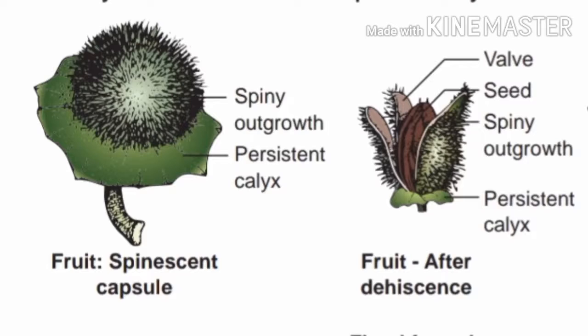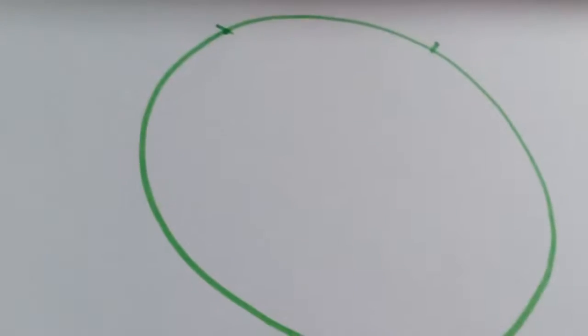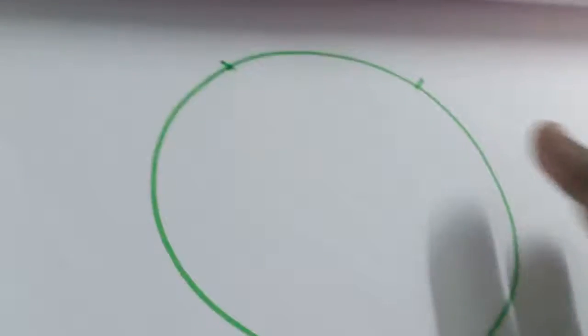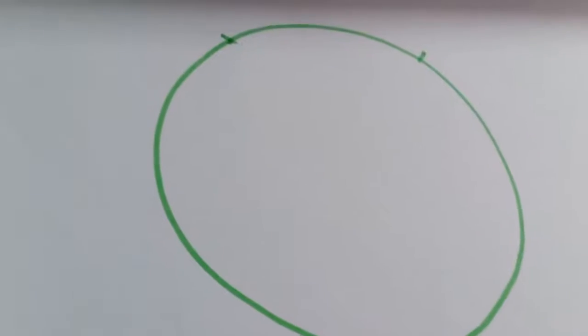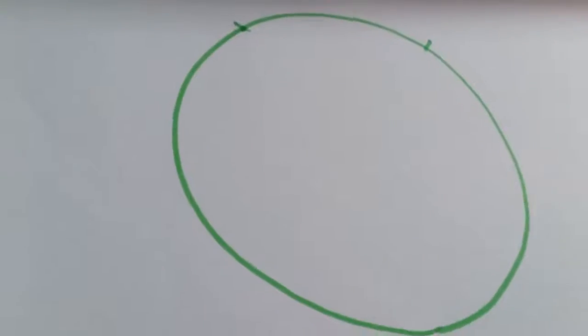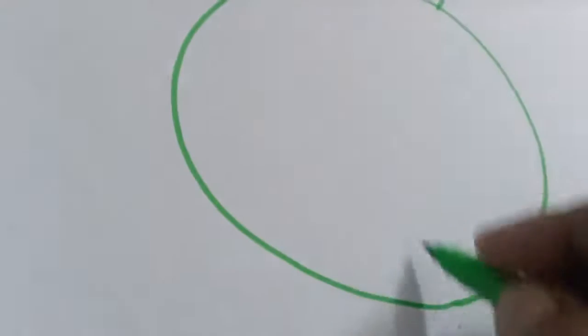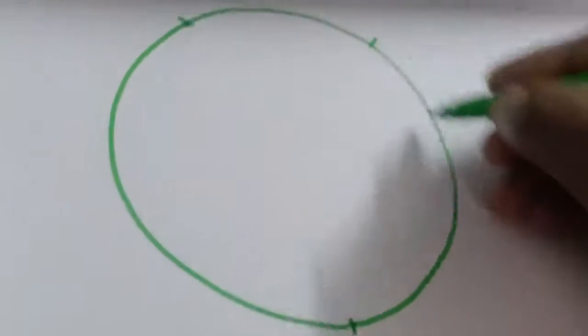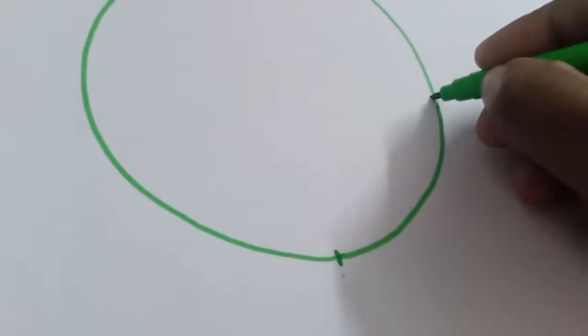Now let's move to the floral diagram and floral formula of Datura metel. Let's look into the floral diagram of Datura metel. So the outermost whorl is the calyx, and you draw a circle and take the first one. This is going to be the first calyx. Just opposite to it, you put the mark here, and then you divide this length into 2 equal parts.